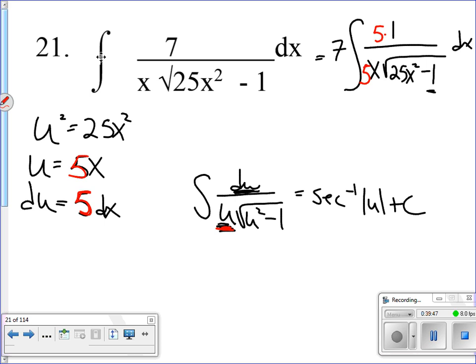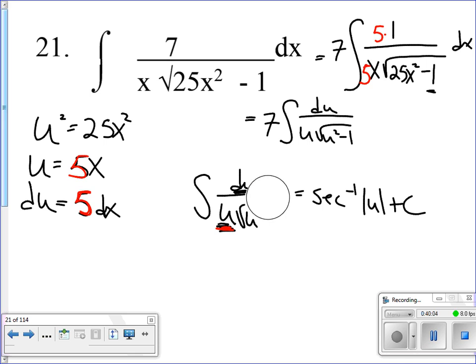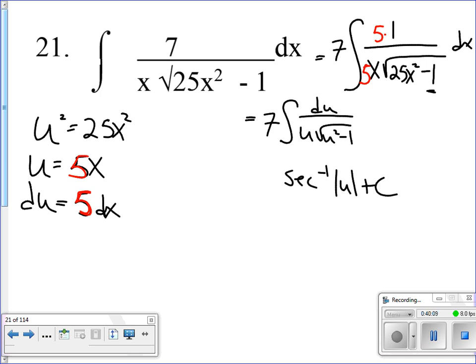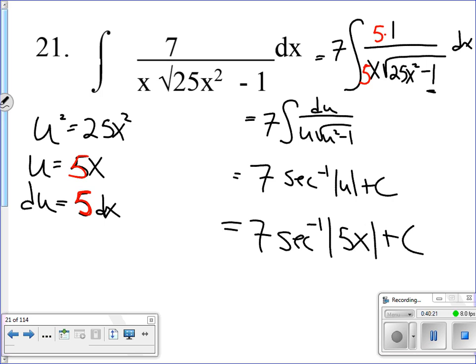So now when I convert this, I just have 7 times the integral of du over u rad u squared minus 1, which equals 7 times the inverse secant of the absolute value of u, which equals 7 times the inverse secant of the absolute value of 5x plus c.